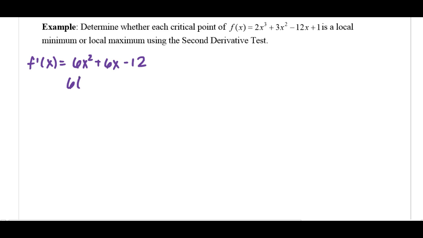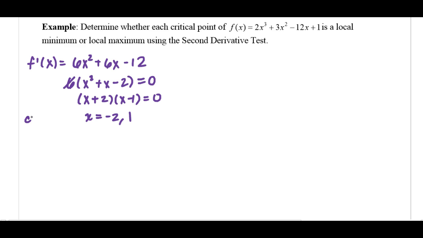If I factor out the 6, I'll be left with 6 times the quantity x squared plus x minus 2. If I set this equal to 0, dividing by 6 gets rid of my 6, and this factors to (x plus 2)(x minus 1) equals 0. So my two critical points are negative 2 and 1.